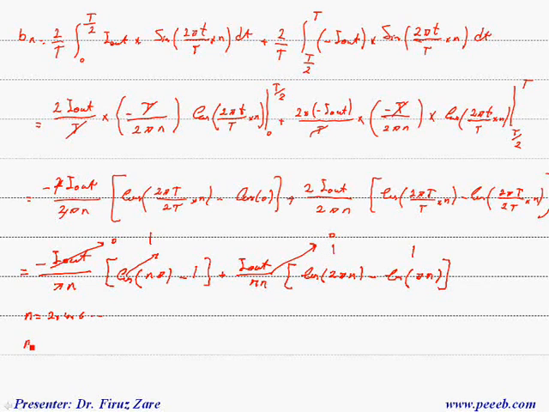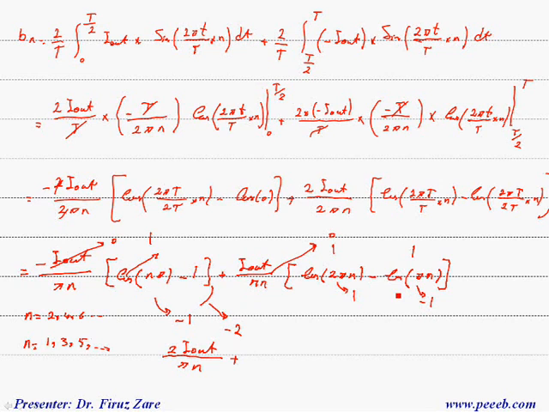So that means this term is 0. But if n is an odd number, then cosine n pi is minus 1. That means this term will be minus 2. So minus 2 times this factor is plus 2 I out over pi n, plus, and in this case this term is always 1, but this term is minus 1.